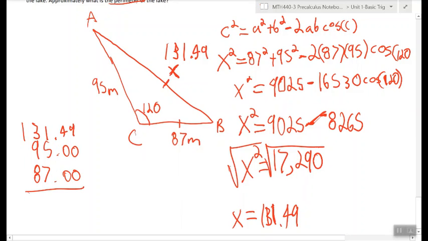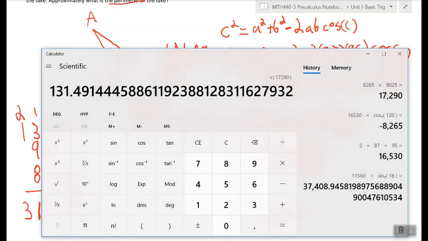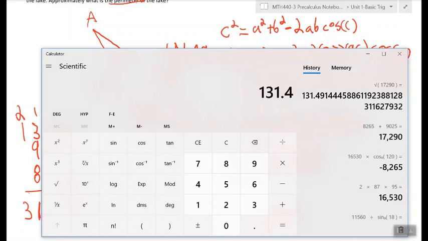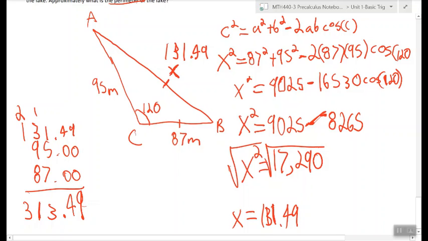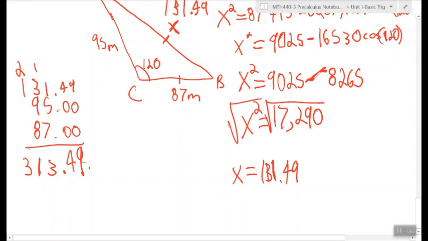We can add them up here, and we can double check right here. 131.49 plus 95 plus 87. Yeah, so 313.49 meters is the perimeter.